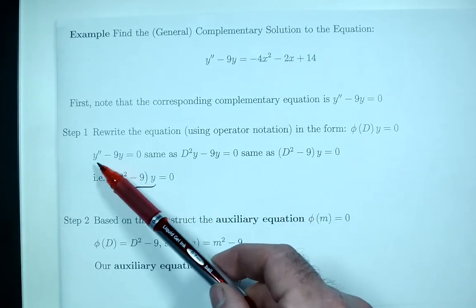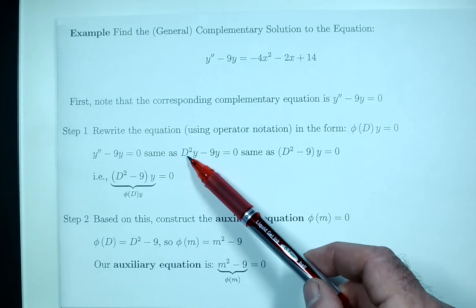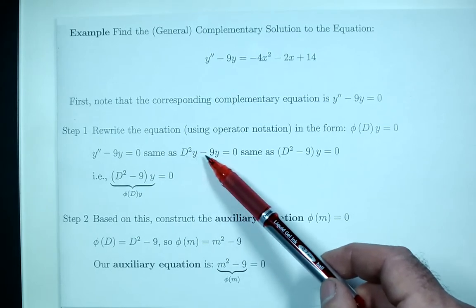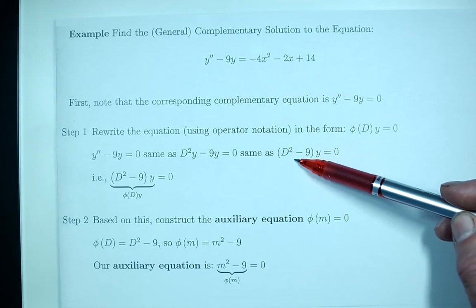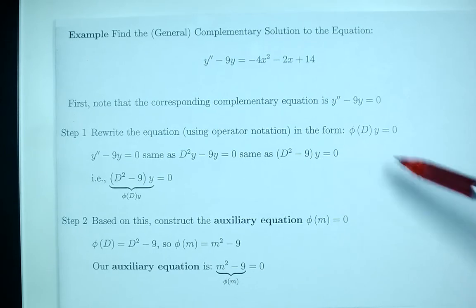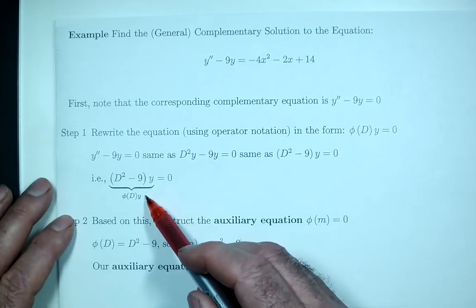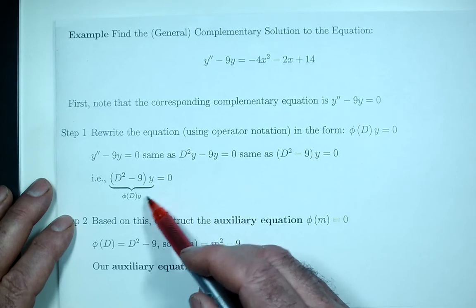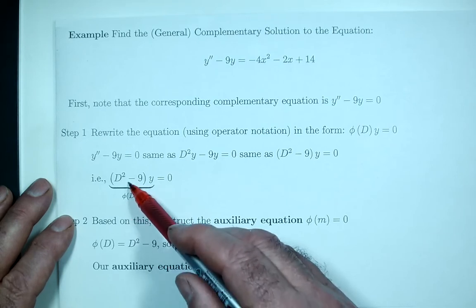So, y double prime minus 9y equals 0, same as D squared y minus 9y equals 0, same as the polynomial D squared minus 9 times y equals 0. So this is our complementary equation using operator notation, and look at that polynomial, phi of D.